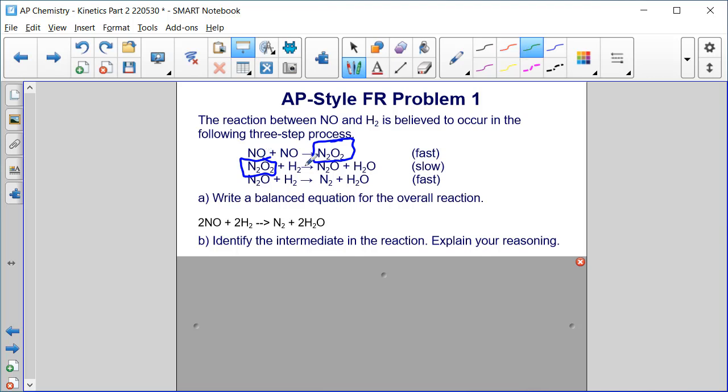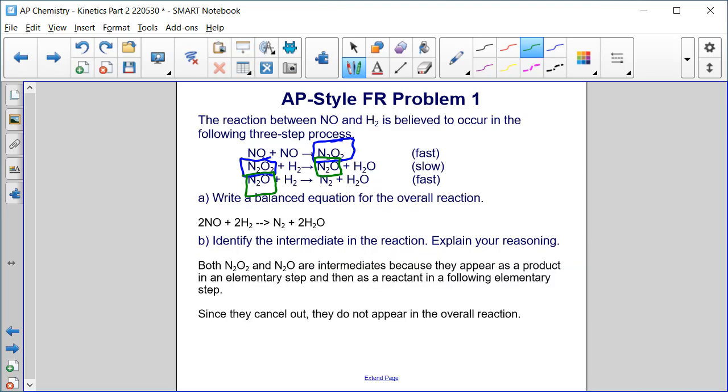Same thing with this N2O, produced in one step, consumed in the next step, and neither appears in the final reaction. So those are our intermediates. Both N2O2 and N2O are intermediates because they appear as a product in an elementary step and then as a reactant in a following elementary step. Since they cancel out, they do not appear in the overall reaction.